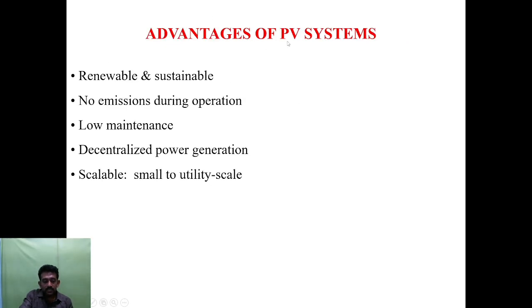And what are the advantages of the PV system? They are renewable and sustainable, because in the present-day world, sustainability is one of the important terms to be discussed, because what we are living for in the future becomes a question. If pollution and the same phenomenon of energy extraction increase, there is a question mark for future energy needs.